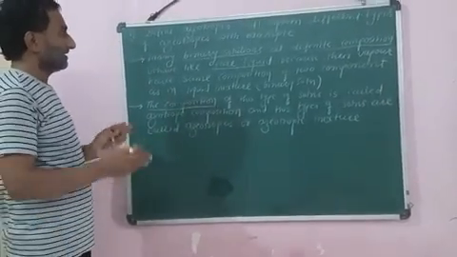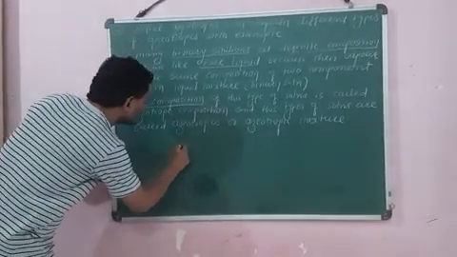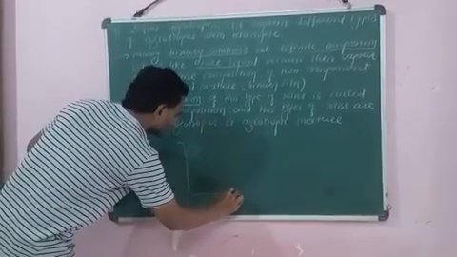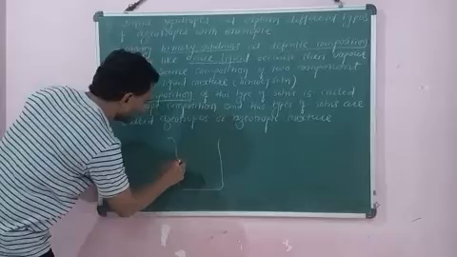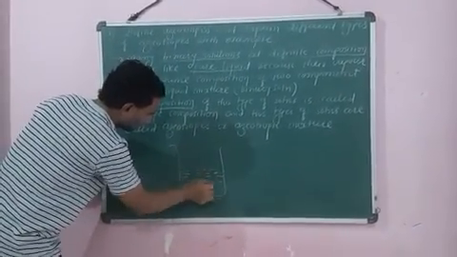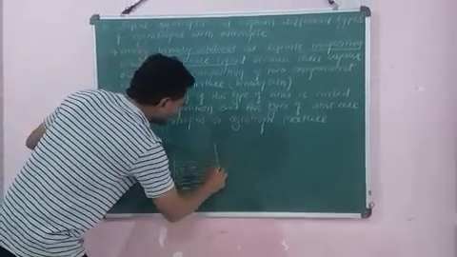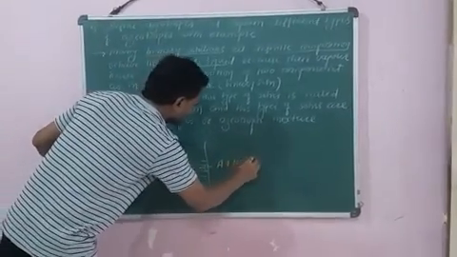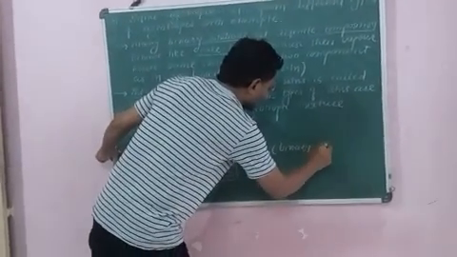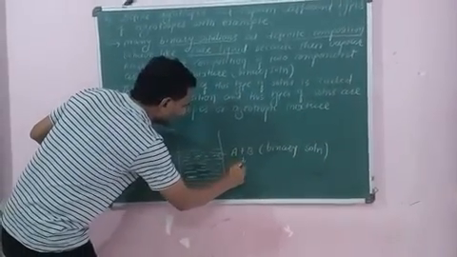So let us discuss in detail. Suppose in one container there are two components and it is a binary mixture. See, this is a binary mixture. In this, A plus B is called a binary solution, and this one is the azeotrope.